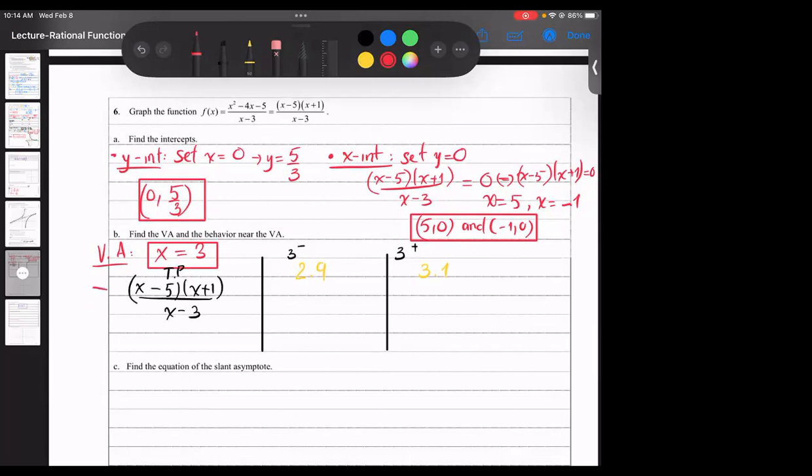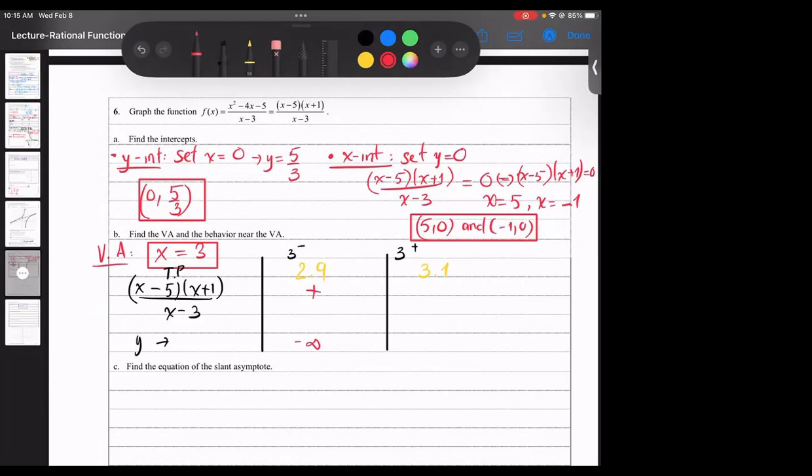And 2.9 minus 3, that's minus. So minus on the bottom, so it becomes positive. And down here you say y approaches something. In this case, it approaches positive infinity.